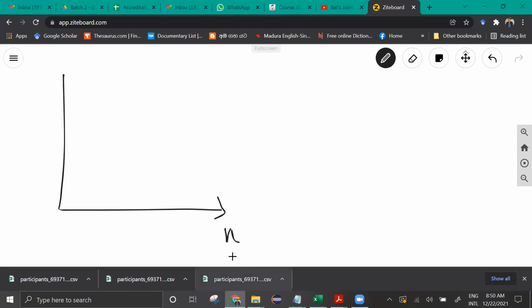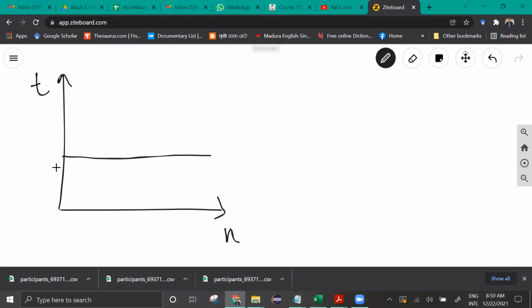If it is an array, that's the array size. If it is a string, the string size, whatever the input size. When input size is changing, the time that it takes in our algorithm is not changing. Input size is changing, but the time is a constant.